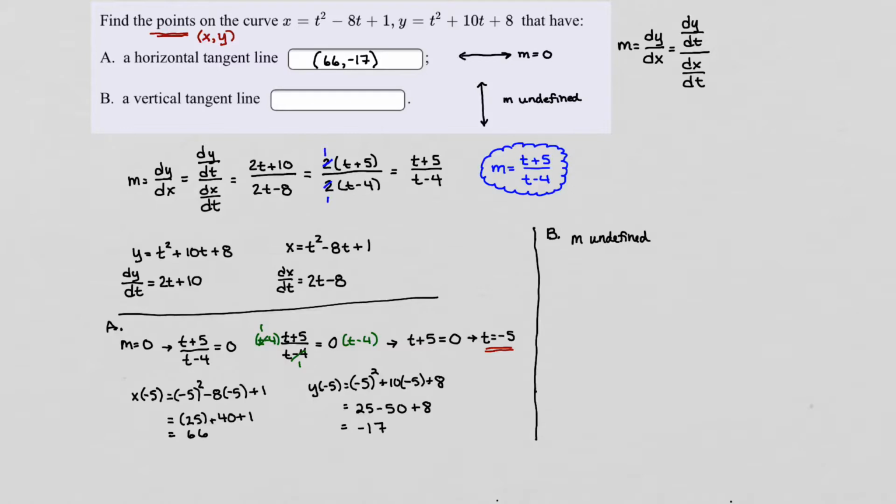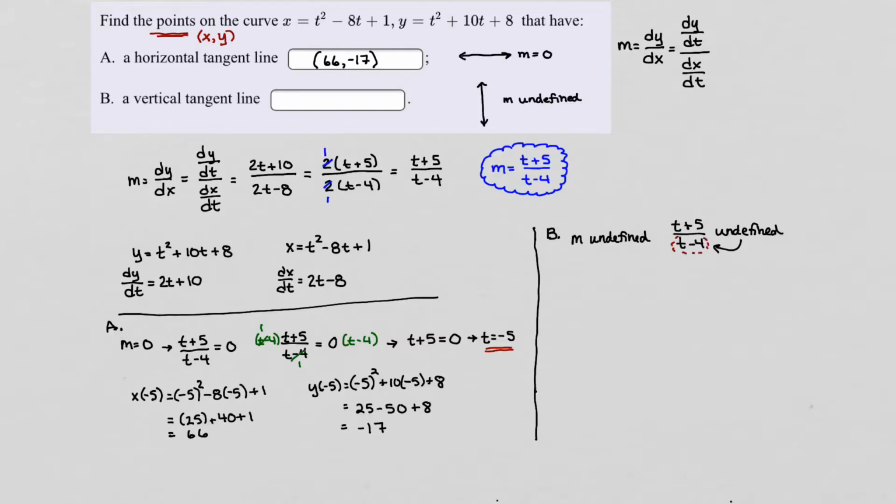And our slope will be undefined when the expression t plus 5 over t minus 4 is undefined. But what does that mean for us? What does it mean to have a rational expression undefined? Really what it means is this expression will be undefined when the denominator is 0.